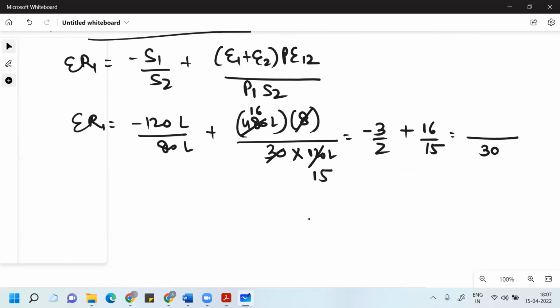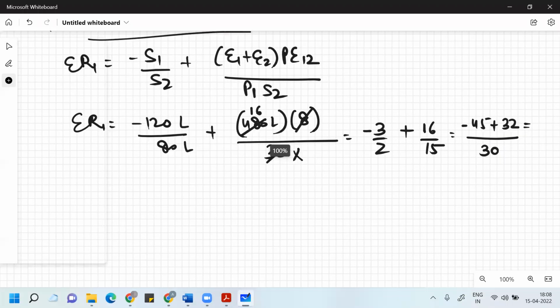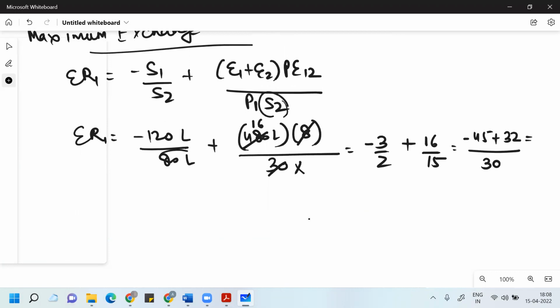So this will be minus 45 plus 32, with S2 being 80 lakh.